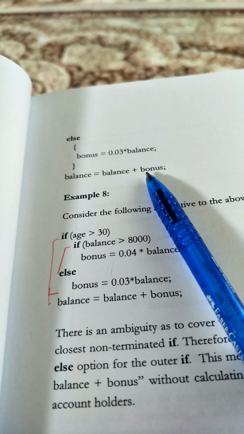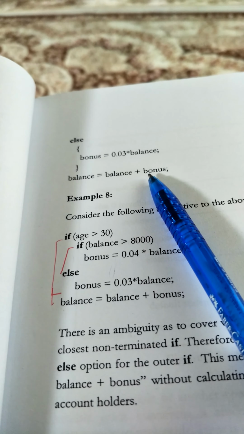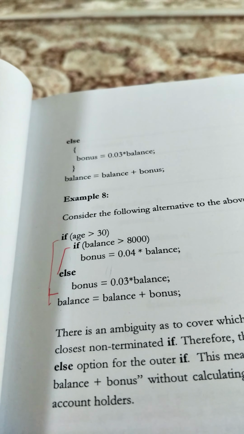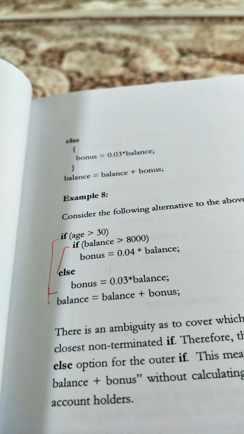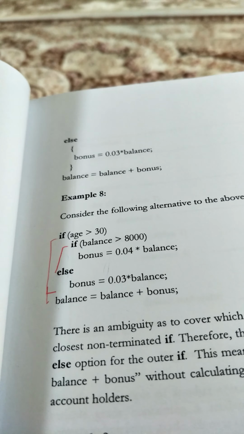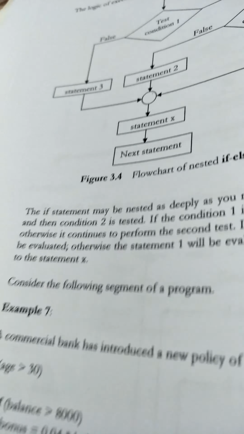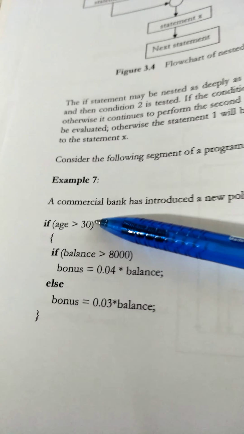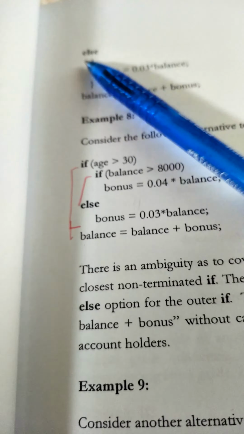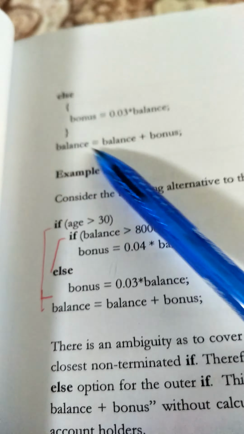So if you look at this example, none of the category is left out, from the minimum salary to the maximum salary, at any age working in that company. Because you can see here this is for age more than 30, then we have else, which means this else is for the age less than 30.